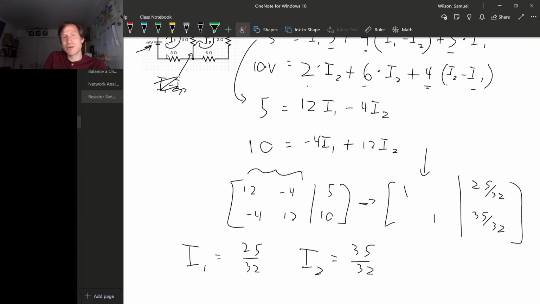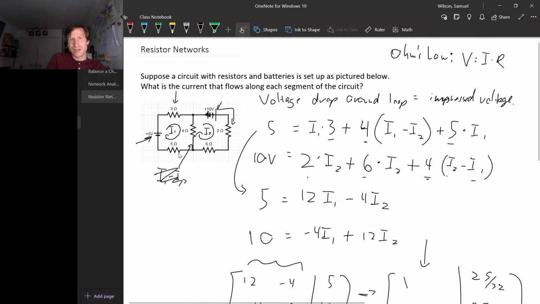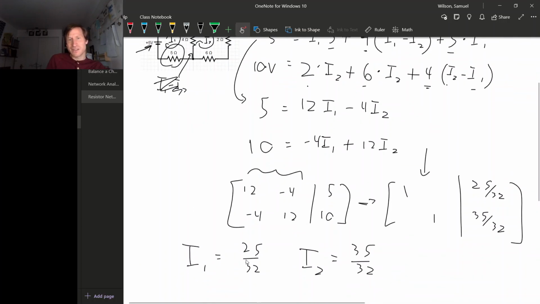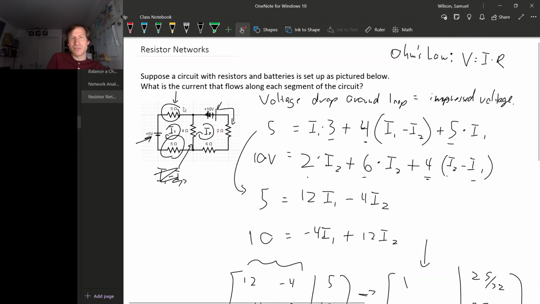So that tells us how current flows through this circuit. Remember that to find the actual current, along this bottom branch, it's just the one current. So on the left, it's 25 over 32 amps through this resistor and this resistor. On the right, it's 35 over 32 amps through this resistor and this resistor.